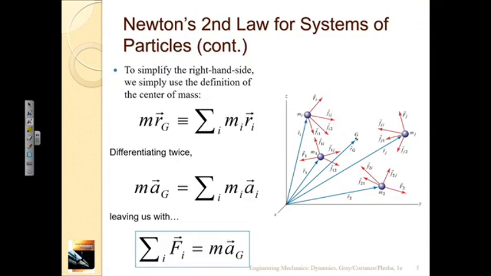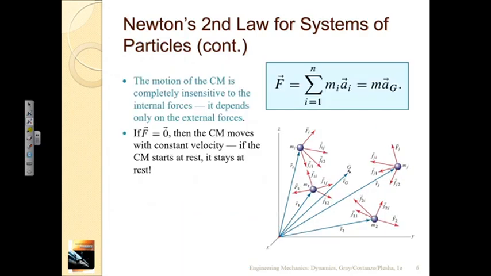Okay, this was my slide that tells us that if we can track the acceleration of the CG, that's the same as tracking the summation of the individual masses and their individual accelerations. And this is what I just said. If it's moving constantly and there's no external forces, there's nothing that's going to change its velocity.